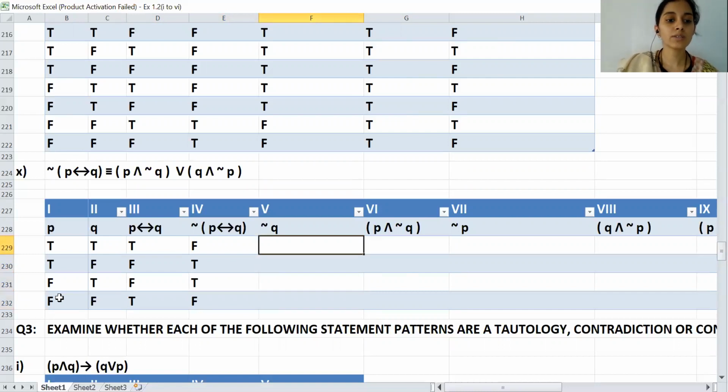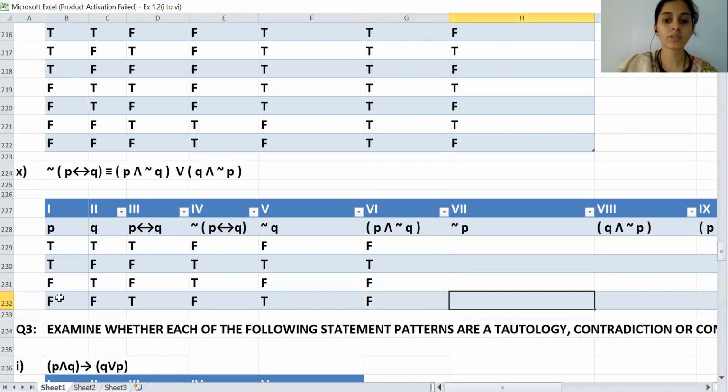Negation Q. What is negation Q? Negation of the second column. So false, true, false and true. Okay. P and negation Q. So 1 and 5. So I will read through 1 and 5. T and F, false. T and T, true. F and F, false. F and T, false. Then negation P. That is F, F, T and T, negating the first column.